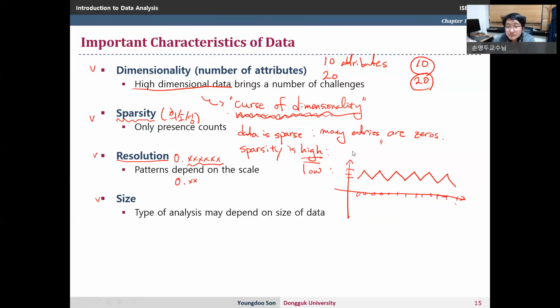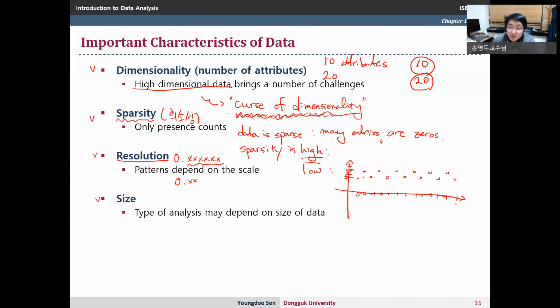And if we measure with high resolution, it means that we make some fine grain between the attribute values. So we may measure, for example, like this. So in this case, we can find the patterns.